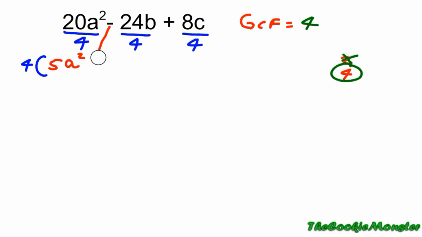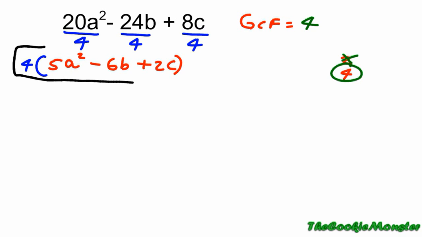That minus really goes with that 24 as a negative 24, and then divide that by positive 4. That'll give you negative 6b. Okay, and then positive 8 divided by 4, that'll give you positive 2. And the c will just come along for the ride. So then that's all you really have as your factored form.